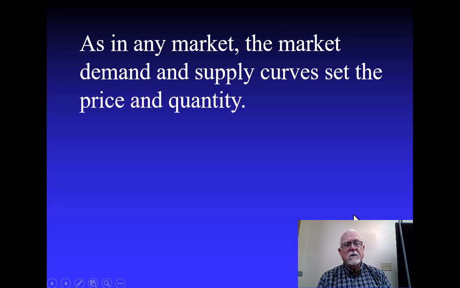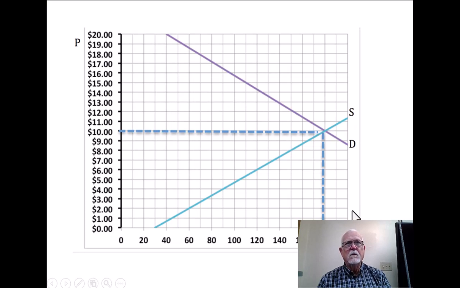Okay. Now, as in any market, at the market level, the market price and quantity is determined by market supply and demand. So here we're illustrating a market supply and market demand, and so that's what sets the price. In this case, supply and demand at the market level sets a price of $10 and 180. Again, as you are probably used to me saying, we could add zeros on this to make it more relevant. But this is for the entire market.